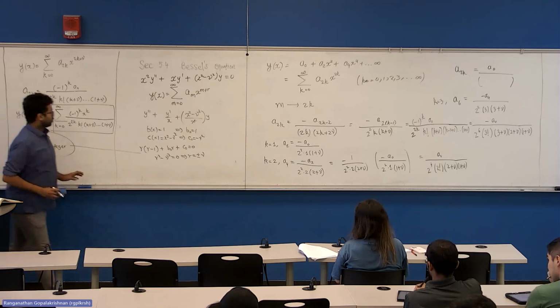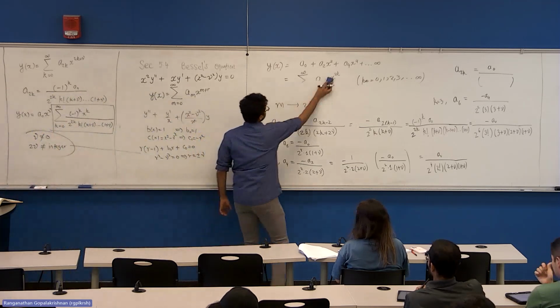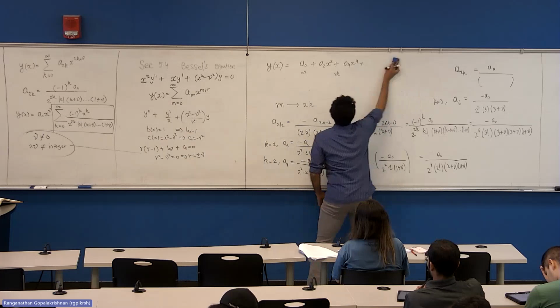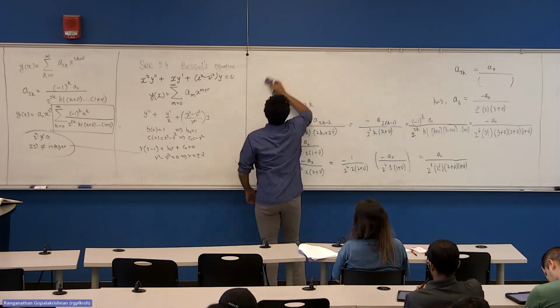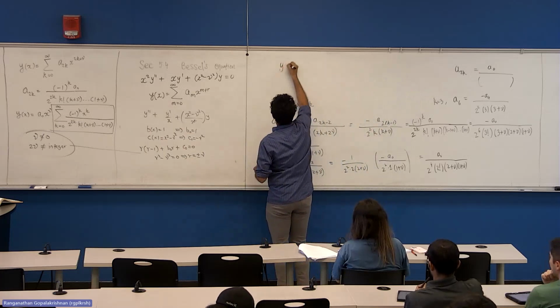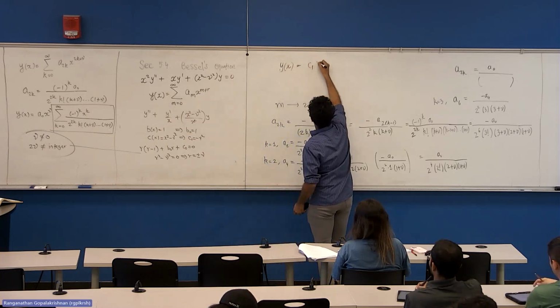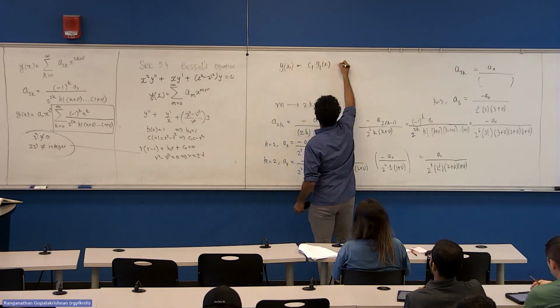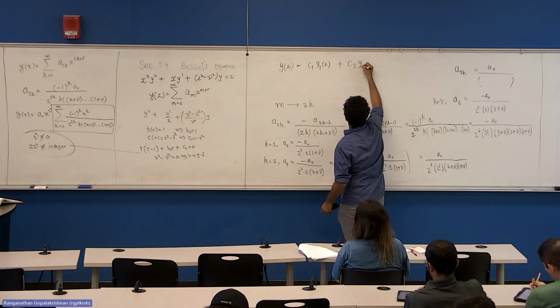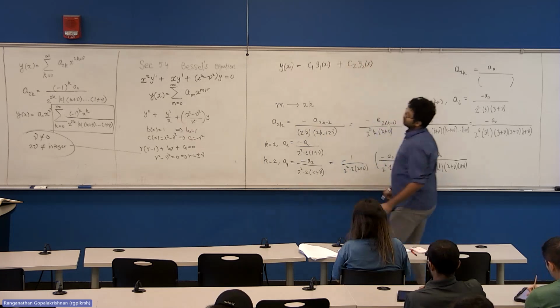So to construct two linearly independent solutions to this differential equation, you can write y of x equal to c1 times y1 of x plus c2 times y2 of x.